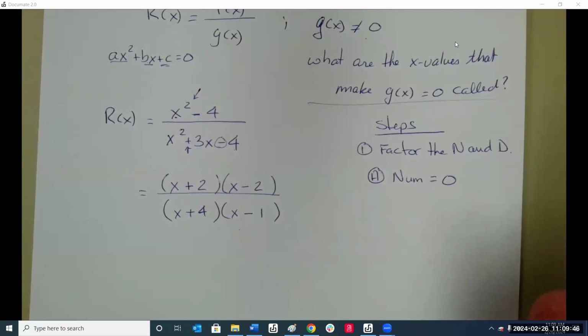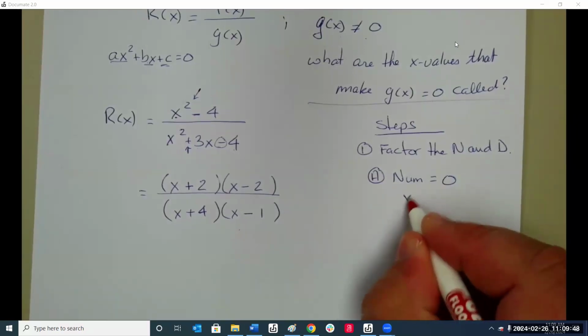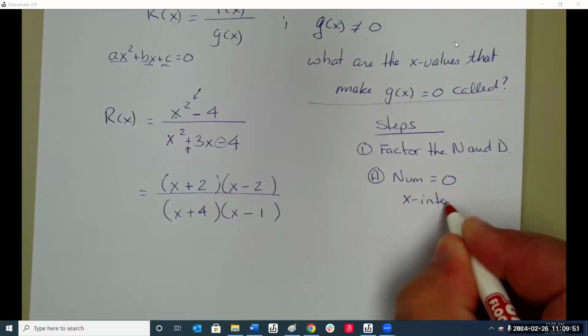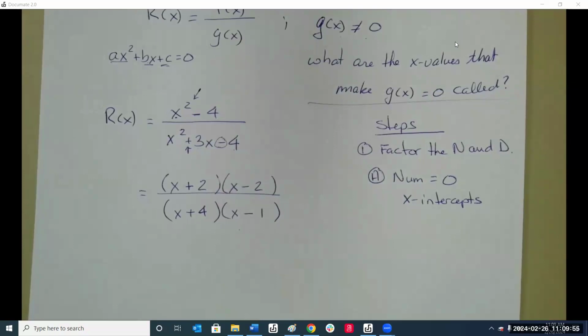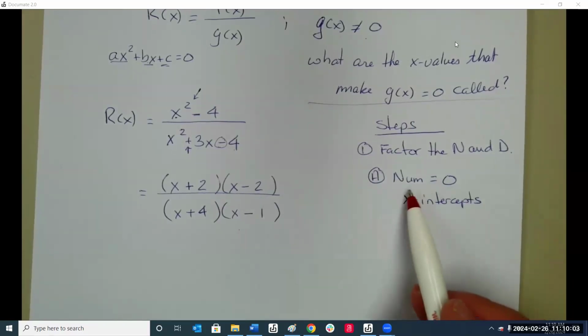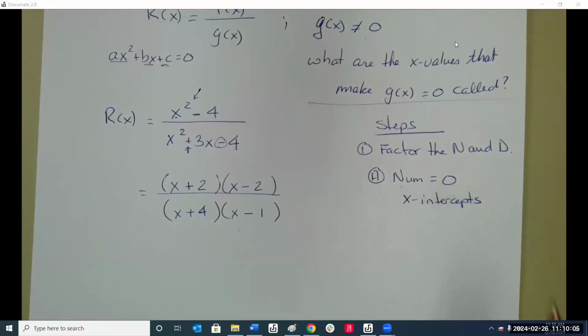X-intercepts, yeah. But you can call those solutions, because to find a solution, you set the function equal to 0. We're looking for where the line crosses the x-axis. So the only way you can find the x-intercepts is by setting the top equal to 0, in order to get rid of the bottom. You don't need it anymore.